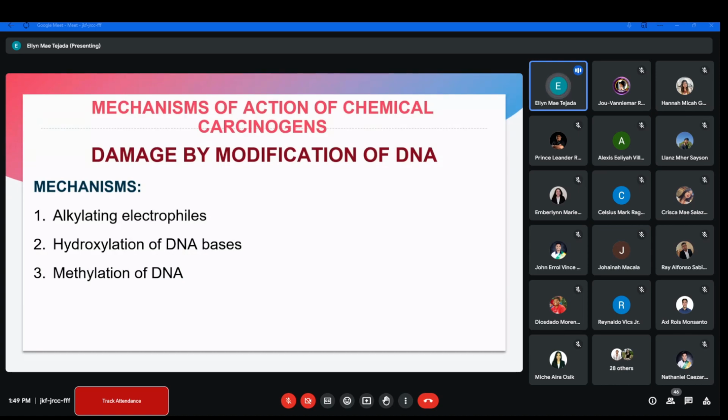Now, the ultimate carcinogenic forms of these chemicals are frequently strong electrophiles that can readily form covalent adducts with nucleophilic targets. Another common modification to DNA is the hydroxylation. By the way, there are a lot of modifications of DNA that could lead to damage, however these are the most common.